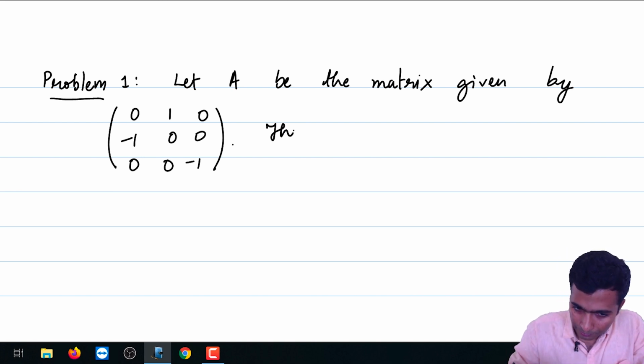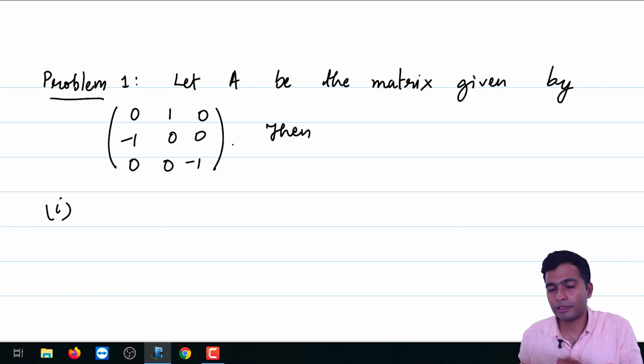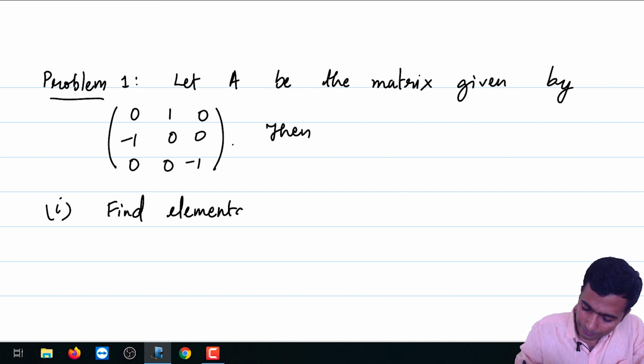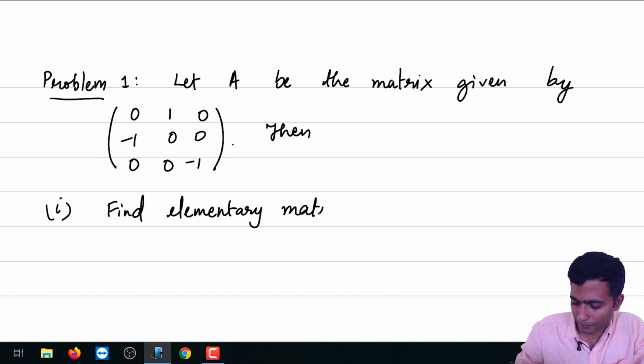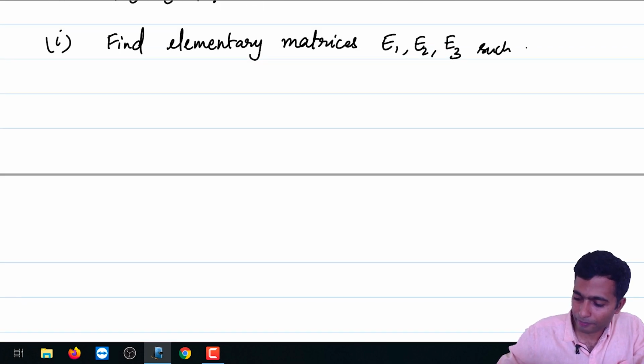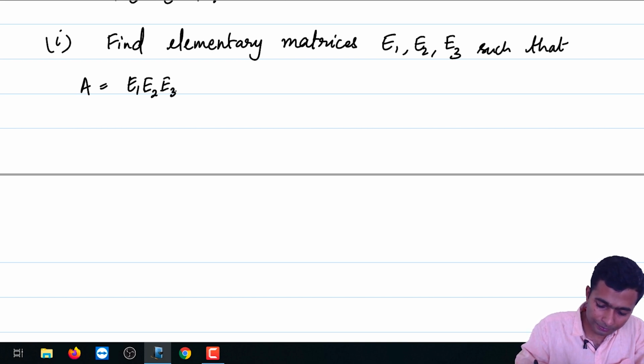Then the first part says: find elementary matrices E1, E2, E3 such that A is equal to E1, E2, E3.